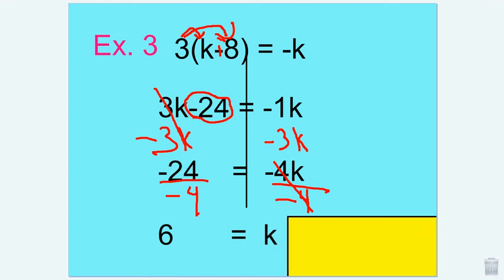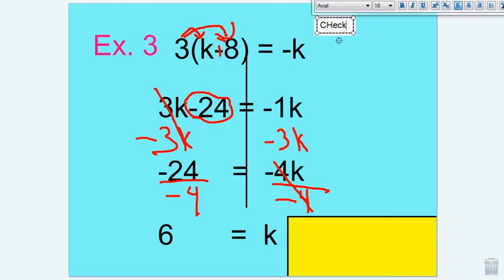And while we're at it, let's go ahead and do a little bit of a check. Let's write that out here. Check is 3 parentheses in the original. I must check in the original. We found people make mistakes if they check earlier down here. If you check down here and you already made a mistake in here, guess what? You might check out right, but it's not going to check in the right problem.